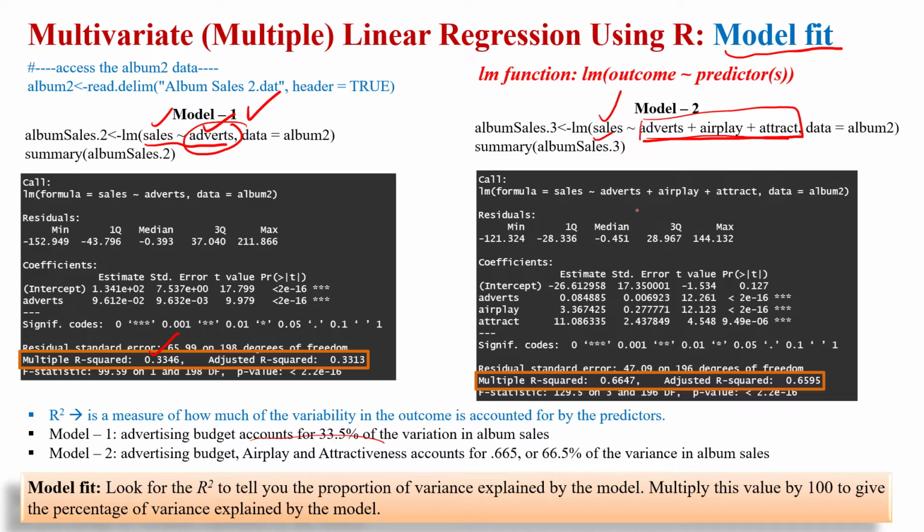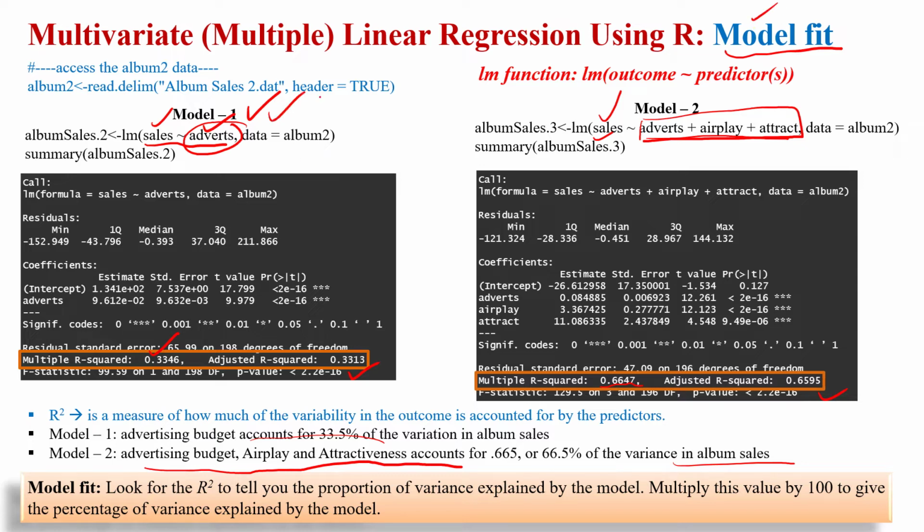Whereas in model 2 we can see that the R square value is 66.47%. So that means the advertisement budget, airplay, and attractiveness are able to explain 66.5% of the variation in the album sales. Now we want to test whether these models are significant or not, meaning significantly good fit models or not.